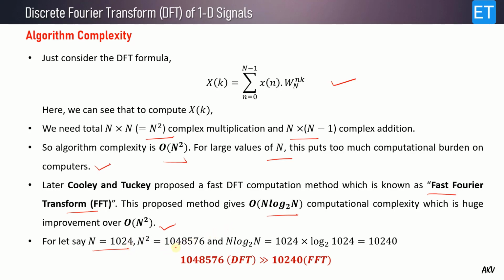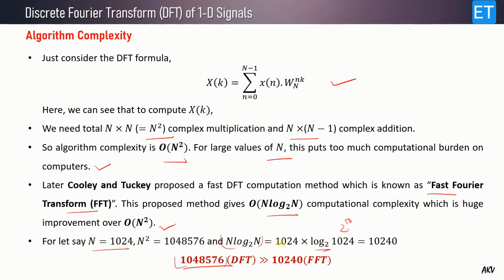Your n square will give you 1,048,576, so the number of complex multiplications in DFT will be about 10 lakhs. But in FFT, this reduces to n log n, with log on base 2. Here 1024 is 2 power 10.